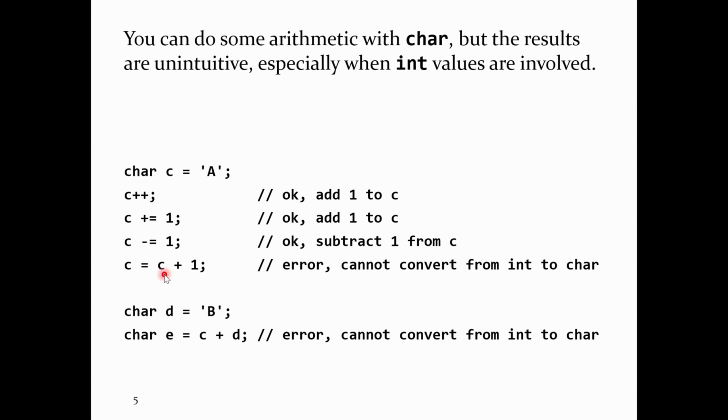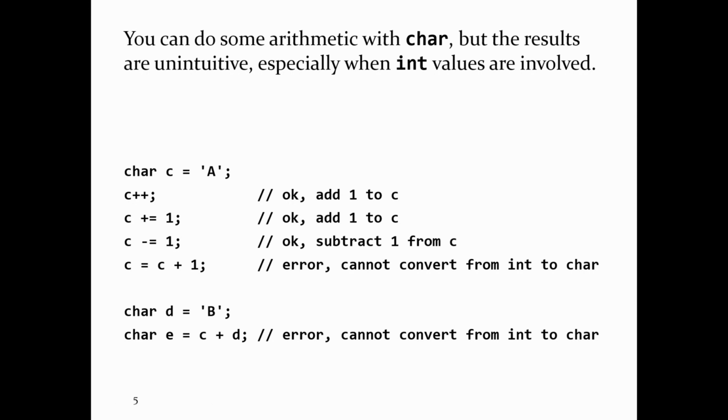So it converts the char to int and does this as int arithmetic. And remember, if you do arithmetic with two int values, you always get back another int value. And so C plus 1, its type is int.